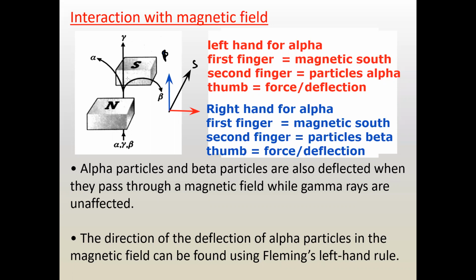So the directions in which alpha and beta deviate are opposite of each other. Another thing you can see when we compare their deflection: beta deflects more than alpha, because beta has less mass, so it can deflect more easily compared to the alpha particle.